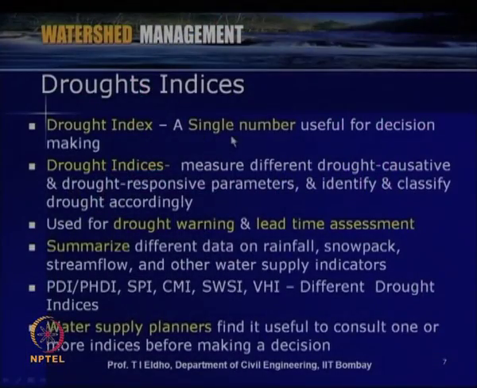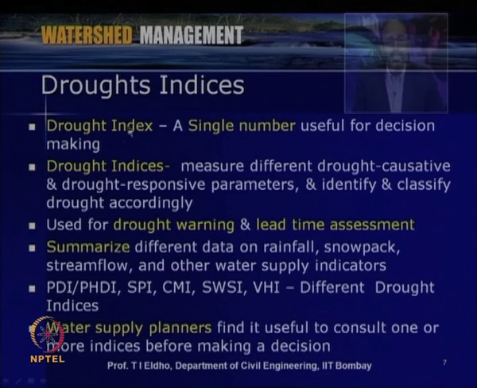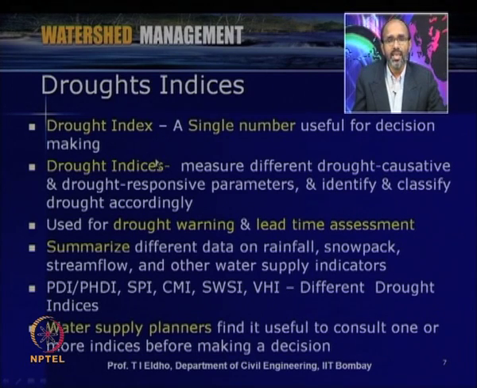As I mentioned earlier, a drought index is a single number useful for decision making, by considering various aspects like meteorological parameters, hydrological parameters, and agricultural aspects. These drought indices give a measure of different drought causative and drought responsive parameters, and identify and classify drought accordingly.